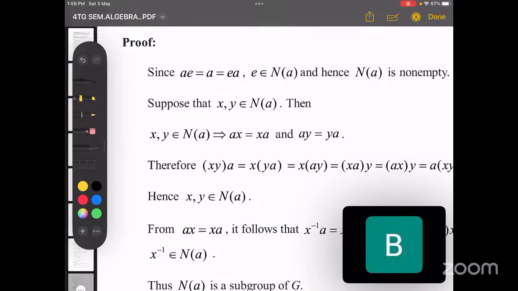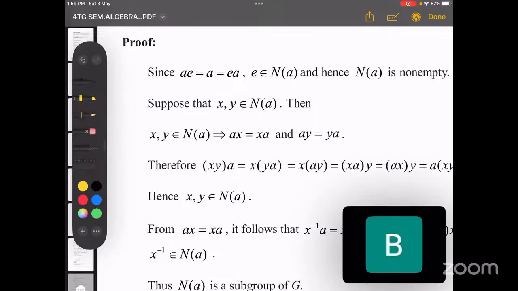Similarly, with the help of that, we are proving it here. That is, since AE equals A equals EA, E belongs to N of A. Hence, N of A is non-empty. Okay, we are showing that N of A is a non-empty set.